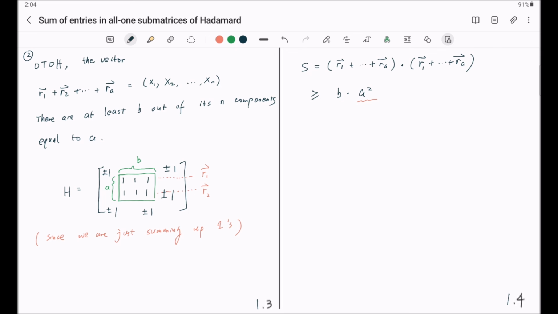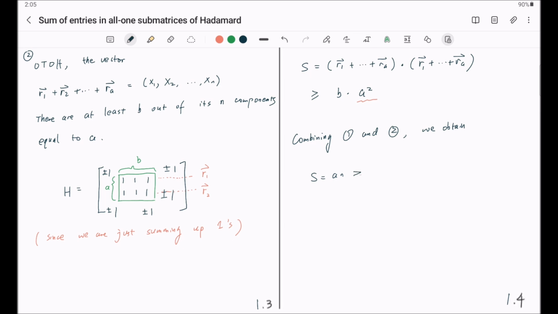Now, combining 1 and 2, from 1 you get S is equal to A n.